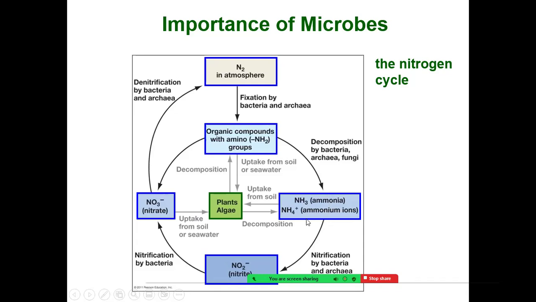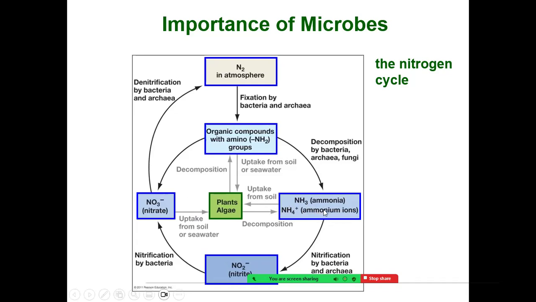water to ammonium ions. Some of that can go into the soil, be taken up by plants, and they can use ammonia and ammonium, but they don't really like using it. And if you give them too much ammonia or ammonium, it'll actually kill the plant.